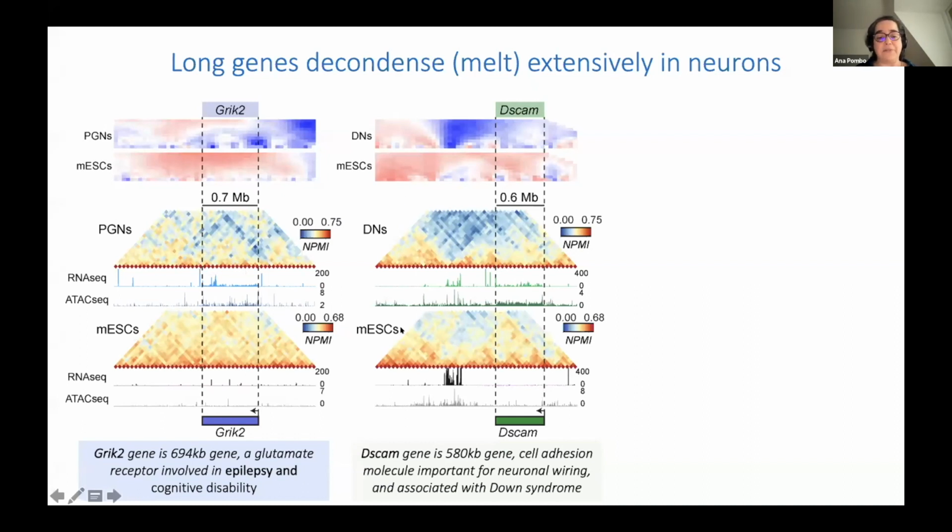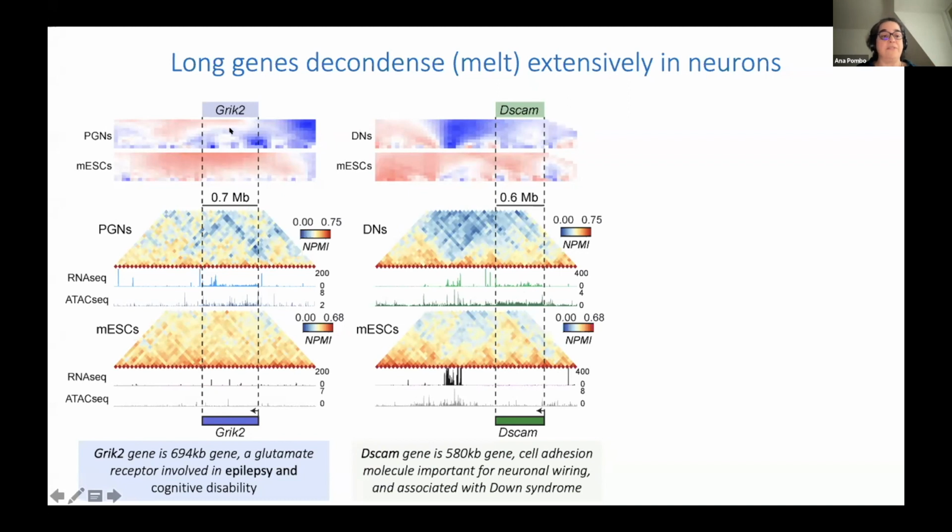A different example now in DNs. Again, you can see that not a lot is going on in terms of expression or open chromatin accessibility in the gene in the ES cells. As the gene becomes active, there is an extensive gain of open chromatin accessibility, in particular throughout the coding region, expression, and massive loss of these domains.